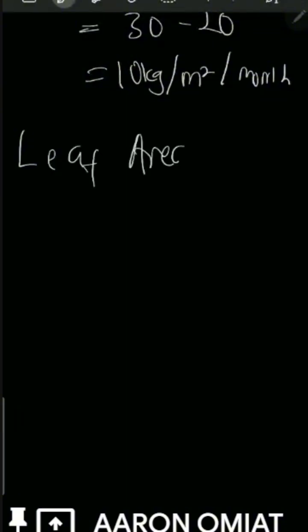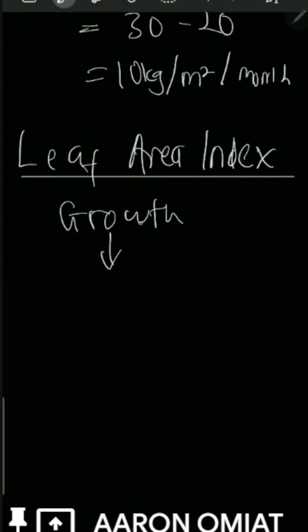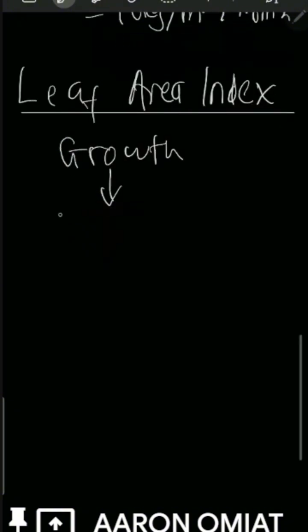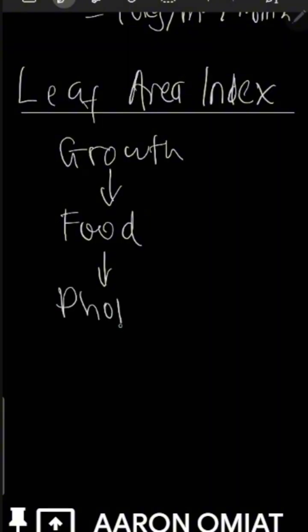leaf area index. So just to preface this, we know that plants growth is brought about by their food, how they consume their food. And we know plants make their food from photosynthesis.